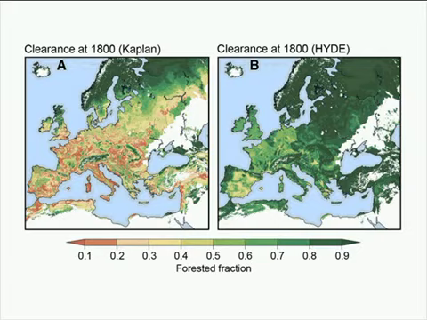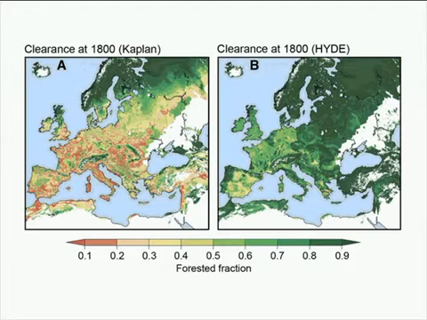80-85% deforested. So the map at the left shows what you get if you assume that early clearance was intense, as shown in those plots I showed you earlier. You get much more clearance by the time you get to 1800. In fact, you're down in the 90% to maybe 60-70% deforested, and those numbers are reasonably consistent with the fact that Europe has, if anything, reforested in the last 200 years.